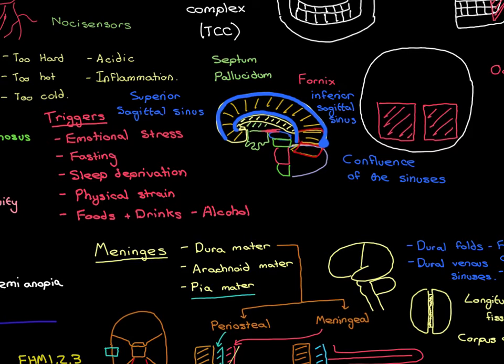Again, we're stretching your visualization capacity. But remember, the tentorium cerebelli down here, it's two layers of meningeal dura mater. All the time, it's two layers of meningeal dura mater. So right at the base, where the falx cerebri is meeting the tentorium cerebelli, we can open up a space there in between meningeal dura mater. And indeed we do, and that's another dural venous sinus known as the straight sinus.